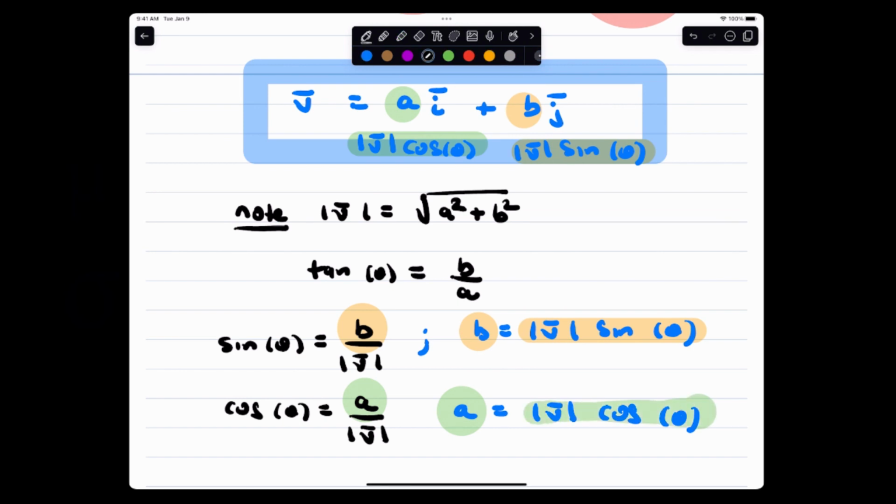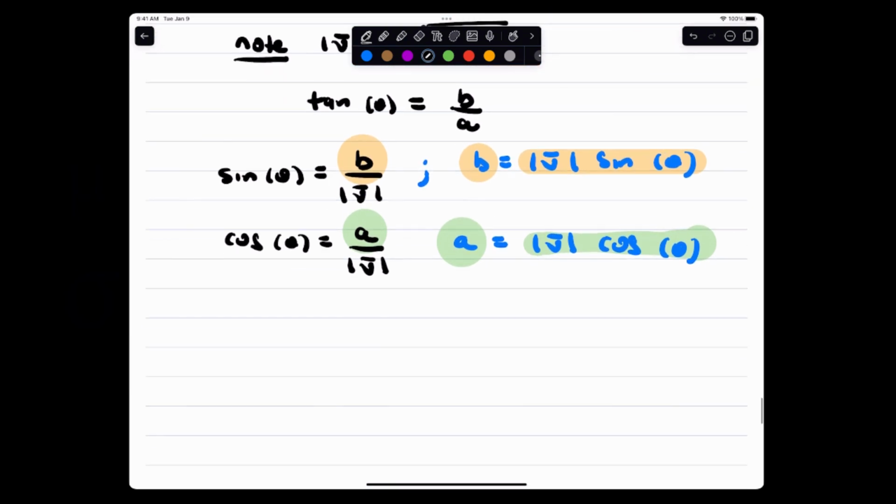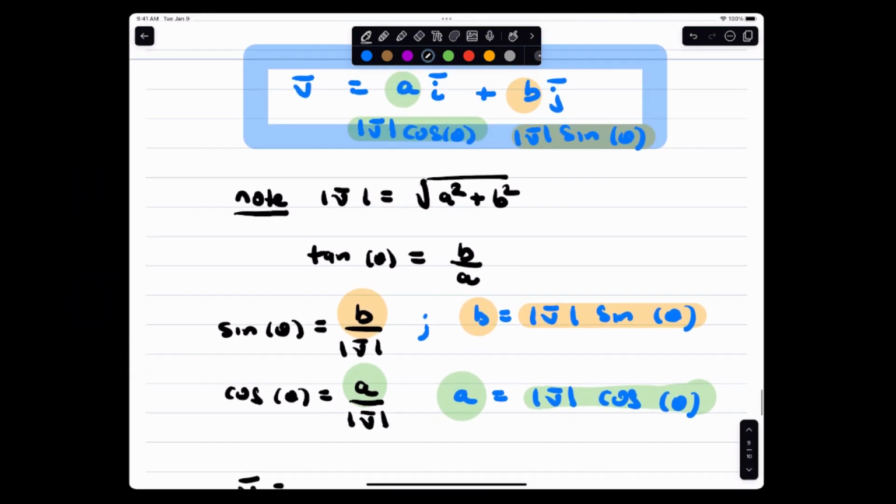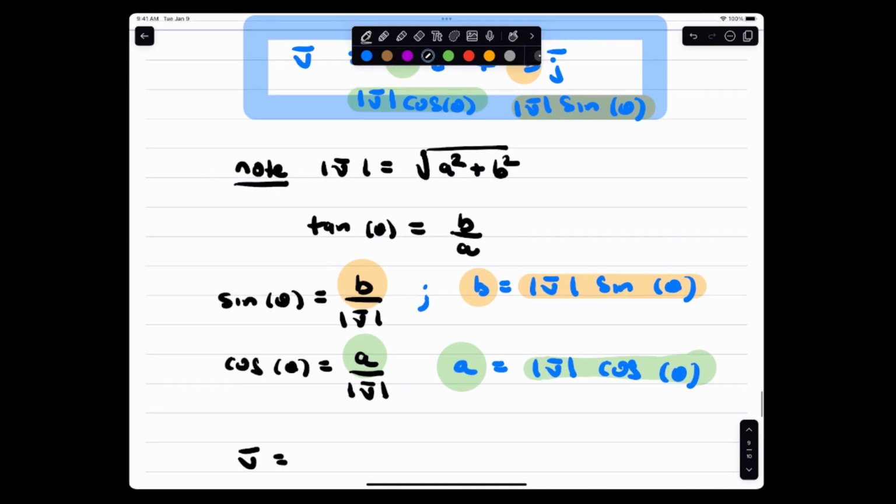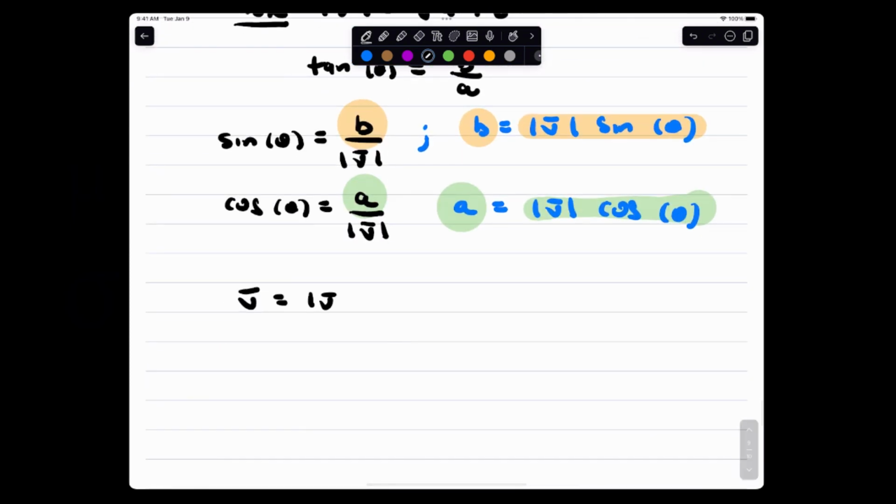So now, vector v can be written as, you say, how do I write it? The length of v cosine theta i plus the length of v sine theta j.